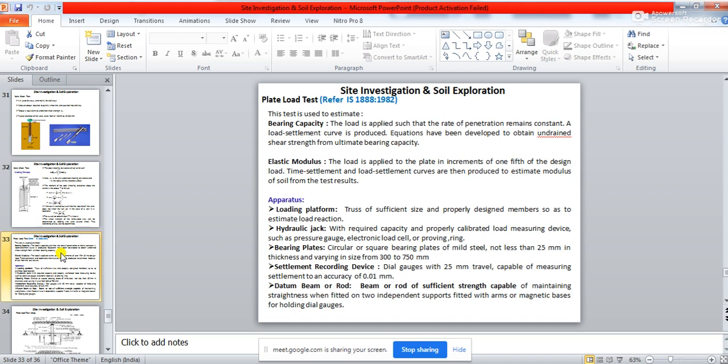You need not use any formula or calculate any modulus of elasticity. You can directly carry out the plate load test and find out the settlement amount.